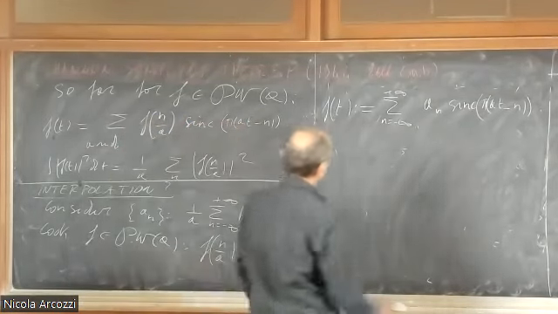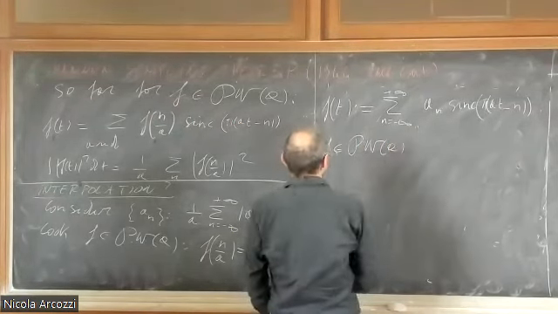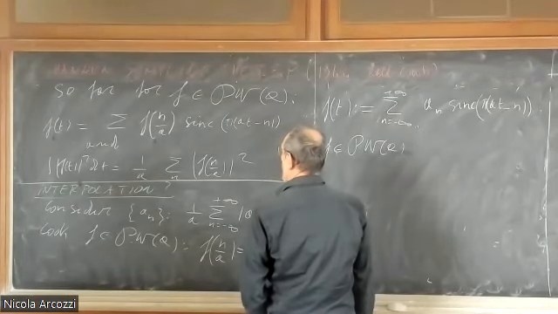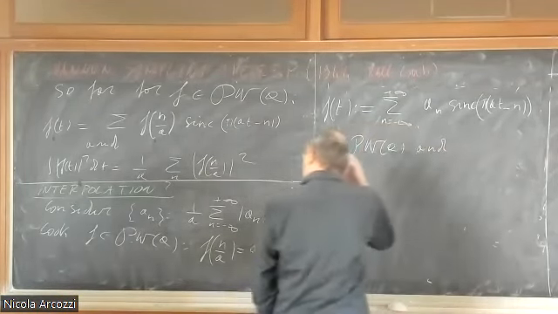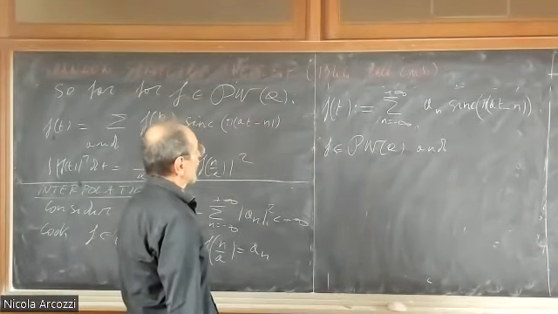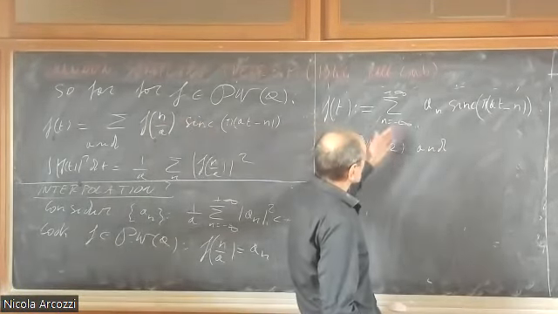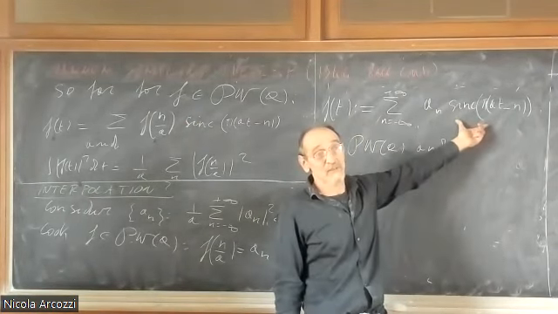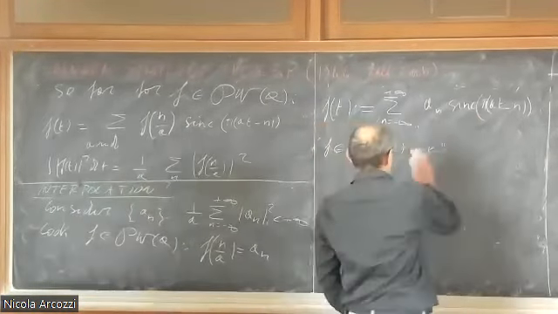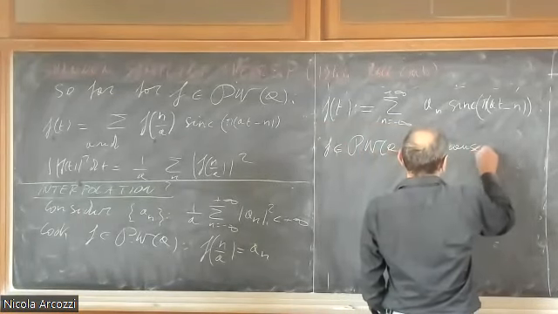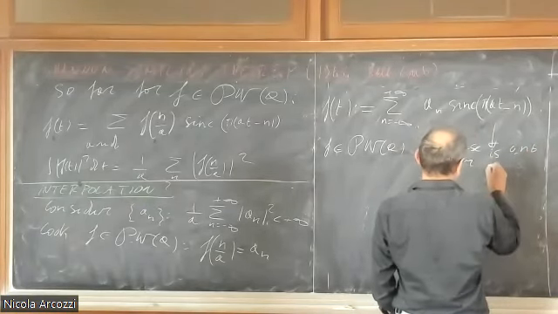This function f is in the linear space, basically because this is an orthonormal basis for the space.